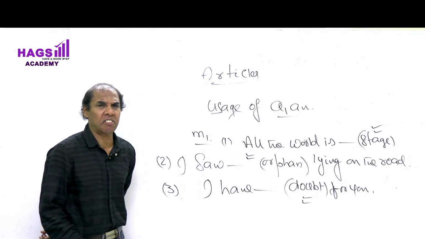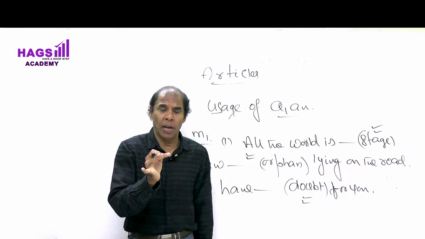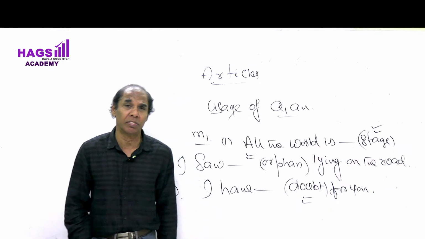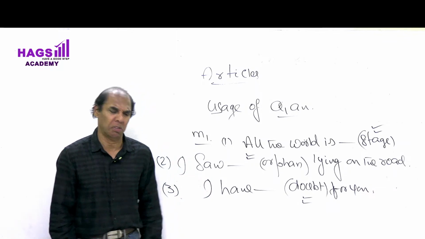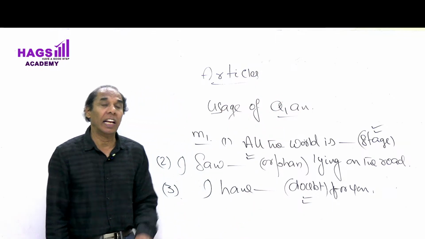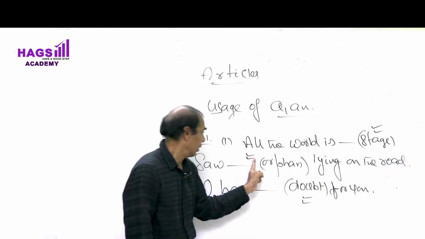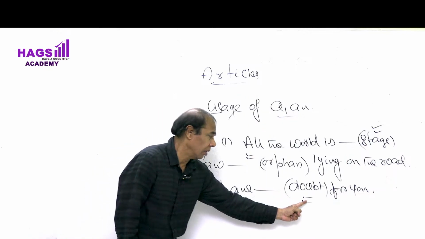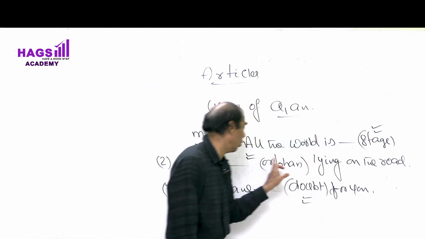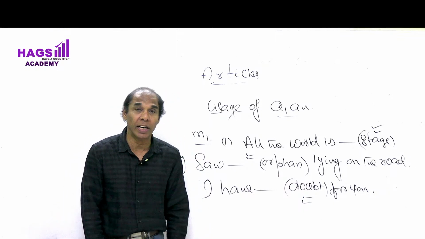What is the best? See, I am explaining the best technique. I am opening out the best secret to one and all. You know what the secret is? Wonderful technique. See, forget that this is the articles topic. In English, stage is singular countable. Orphan, singular countable. Doubt also singular countable. If a word is singular and countable, right?